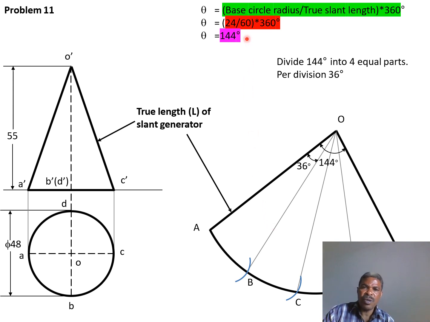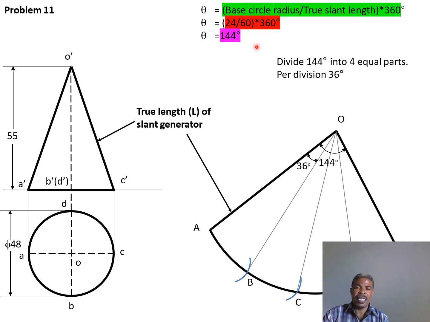So it is 24, given that 24 is our radius for our cone, then dividing by 60, which is the true slant edge for our case.